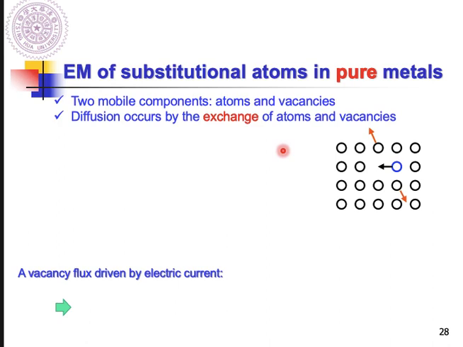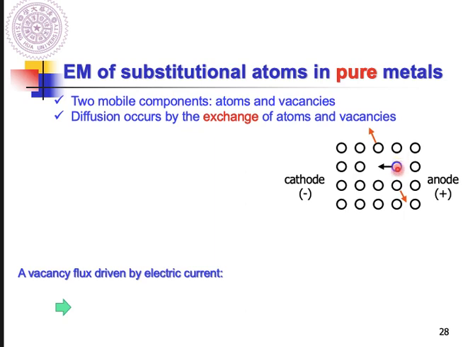So let's move to the other case. Now what we have here is pure metal, which means the atoms are located at the substitutional site, or lattice point. Under this material system, we also apply the electrical field on it. So what is the atomic flux of these substitutional atoms? Because we only have two components, right?